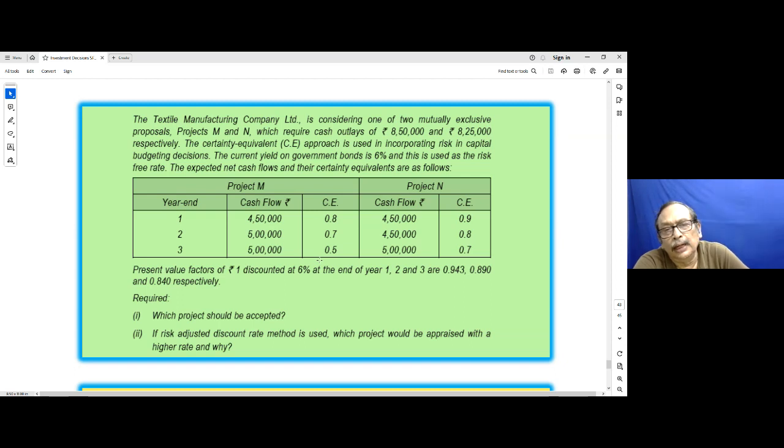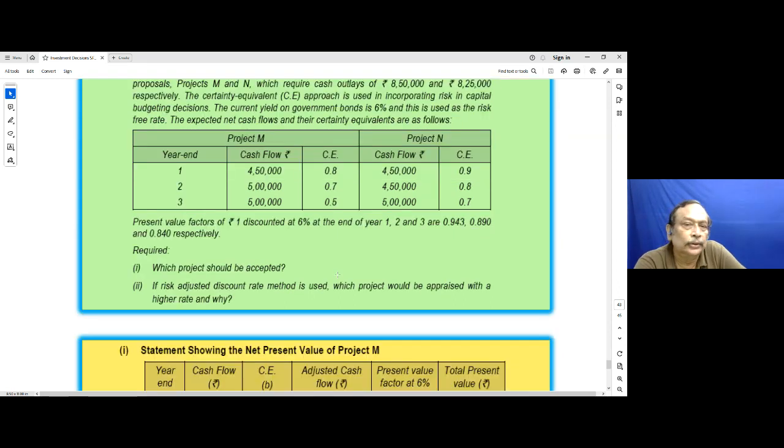The certainty equivalent (CE) approach is used in incorporating risk in capital budgeting decisions. The current yield on government bonds is 6%, and this is used as the risk-free rate. The expected net cash flows and their certainty equivalents are as follows.